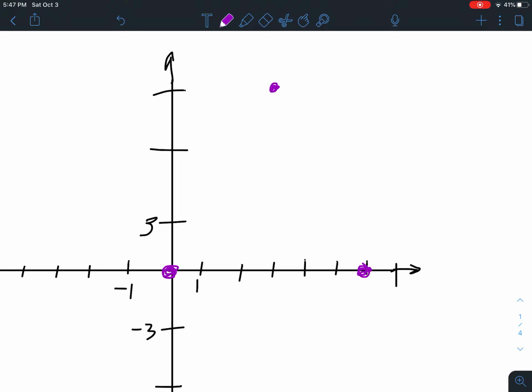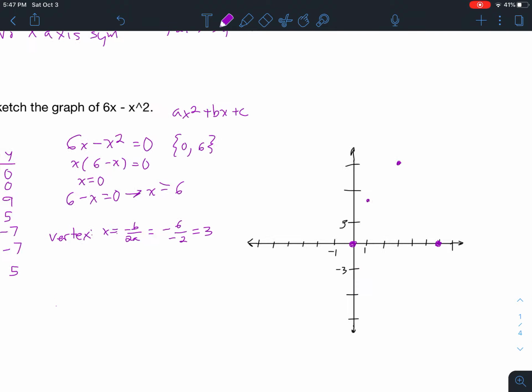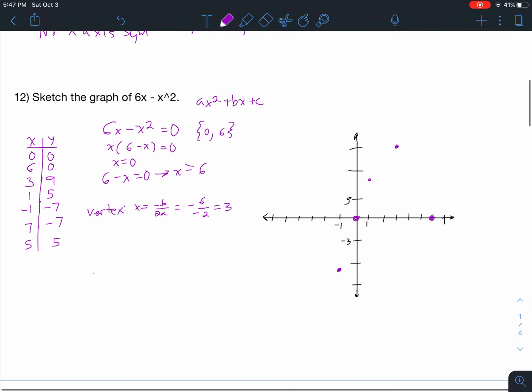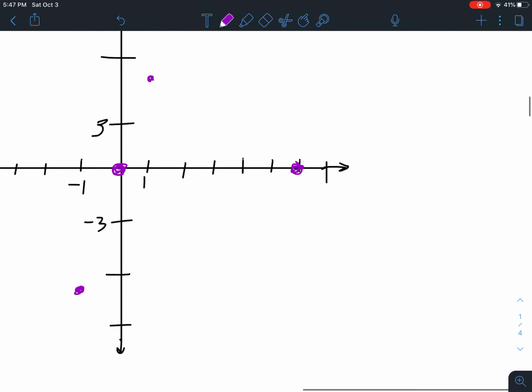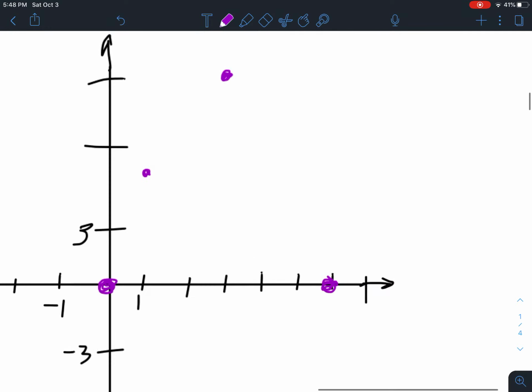So 1 over, up 5, that's about right here. Negative 1, negative 7, which is about right here. And 7, negative 7, so same y value as the last one, just at 7. And 5, 5. So right here.